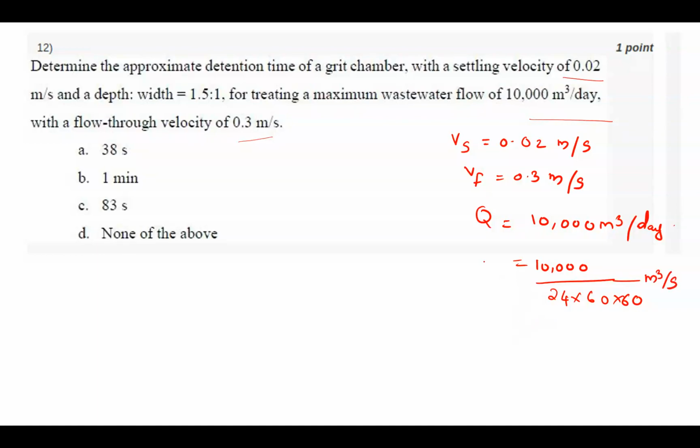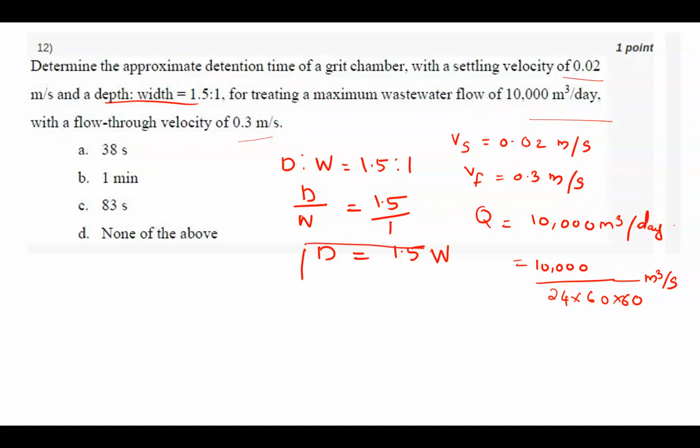Then they have given one more thing, depth to width ratio is 1.5 to 1. So you can write d by width equal to 1.5 divided by 1, so depth d is equal to 1.5 width.